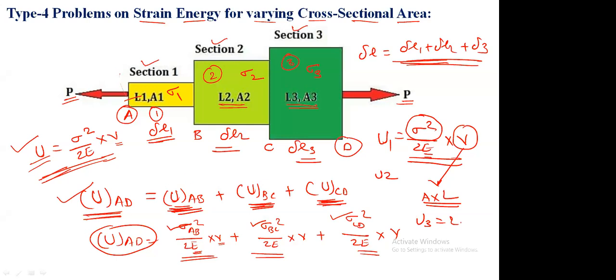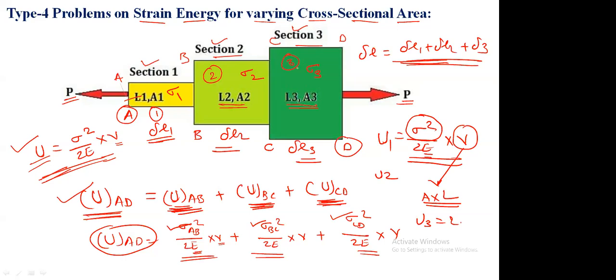If you give names to the sections, this is A, B, C, and D. Section 1 means section AB, section 2 means section BC, and section 3 means section CD. That means the total strain energy is equal to U of AB plus U of BC plus U of CD, or we can consider it as U1 plus U2 plus U3.